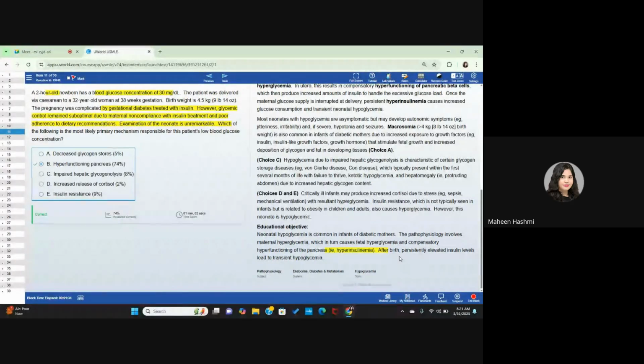Can anybody tell me, how does hypoglycemia present in a newborn baby? Anyone? Seizures. The baby will sleep a lot, drowsy or sleepy.